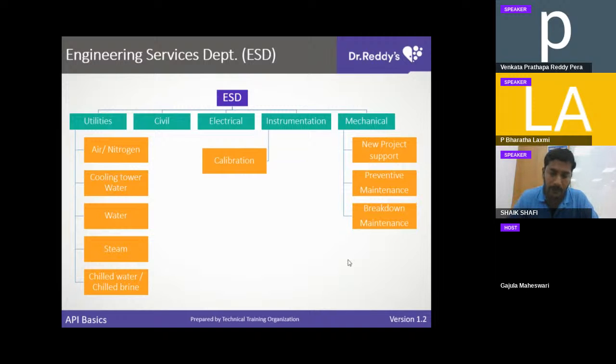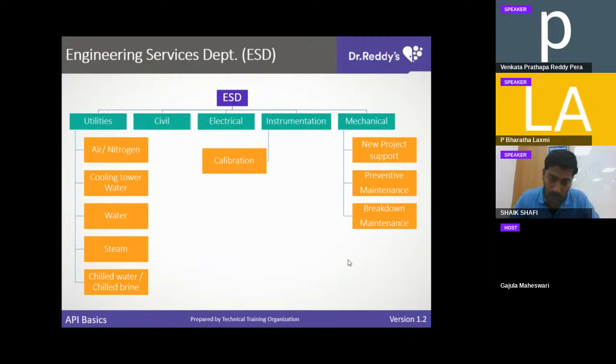When a reaction is exothermic, we control it by applying cooling water to the reactor. We use two types of water: potable water and purified water. For intermediates we use potable water, for the APIs we use purified water.